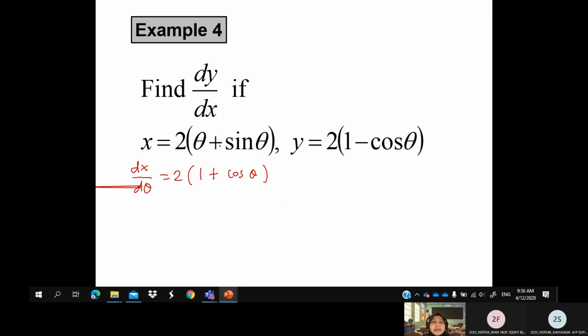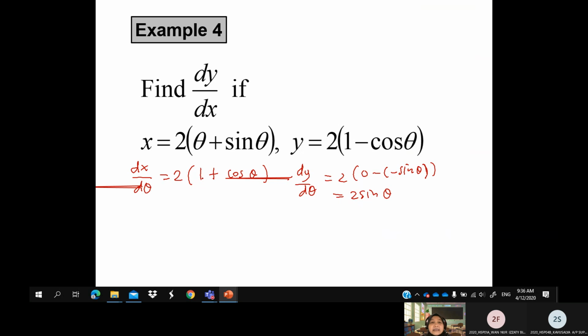For y, differentiate with respect to theta: the constant gives 0, and the negative of negative sin theta gives positive, so we get 2 sin theta.